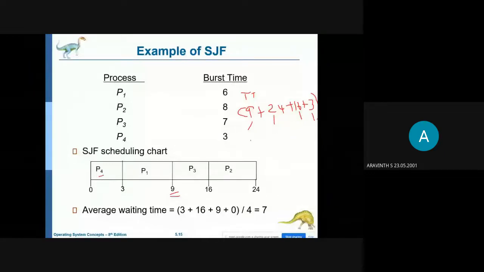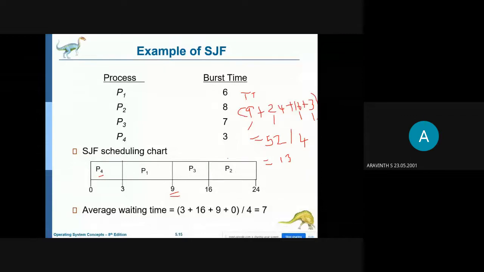So you add these and divide by 4. 30, 40, 52. 52 divided by 4 is 13. So 13 is the average turnaround time.